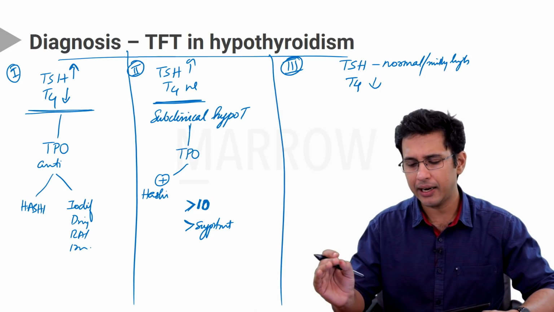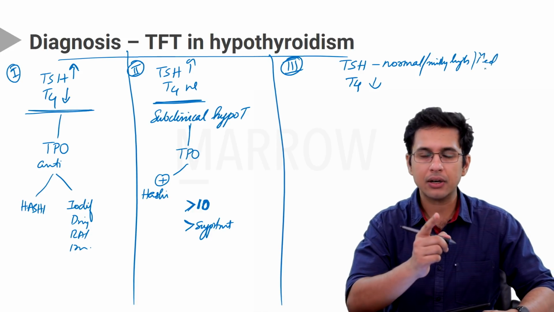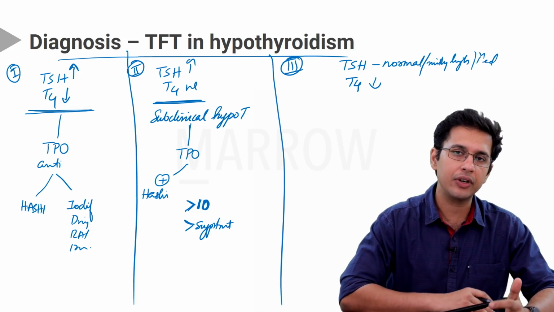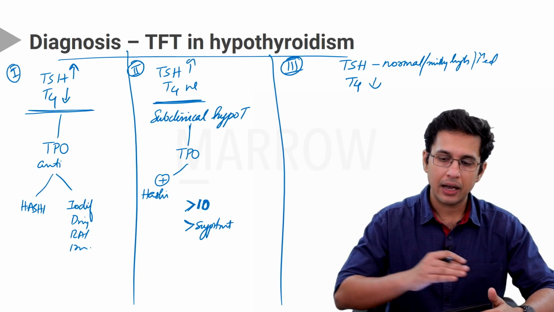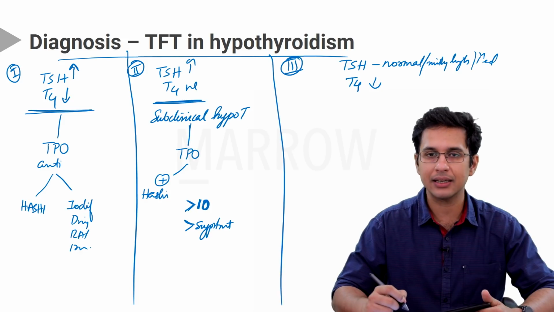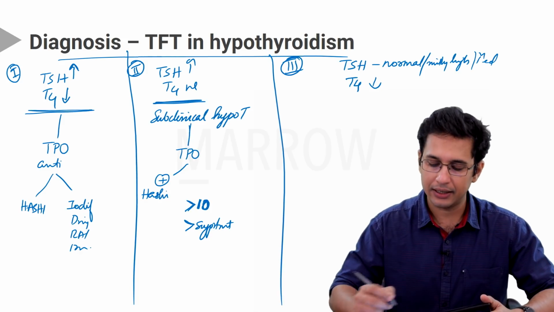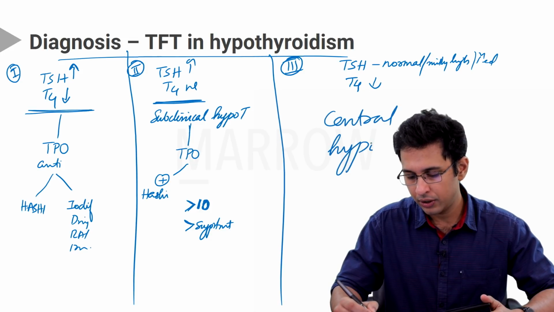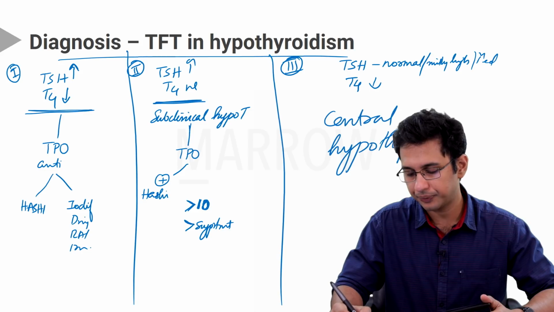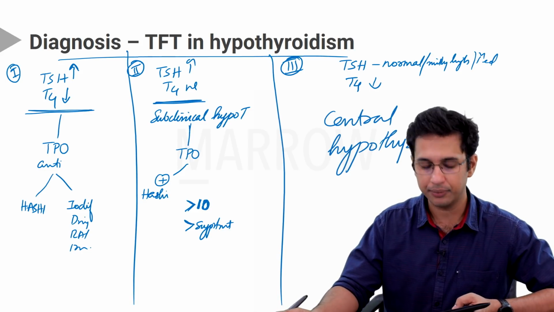If it is mildly high or normal, that is a cause for suspicion. It's acting weird, so something else is going on in the HPA axis. This is an indication for central hypothyroidism.